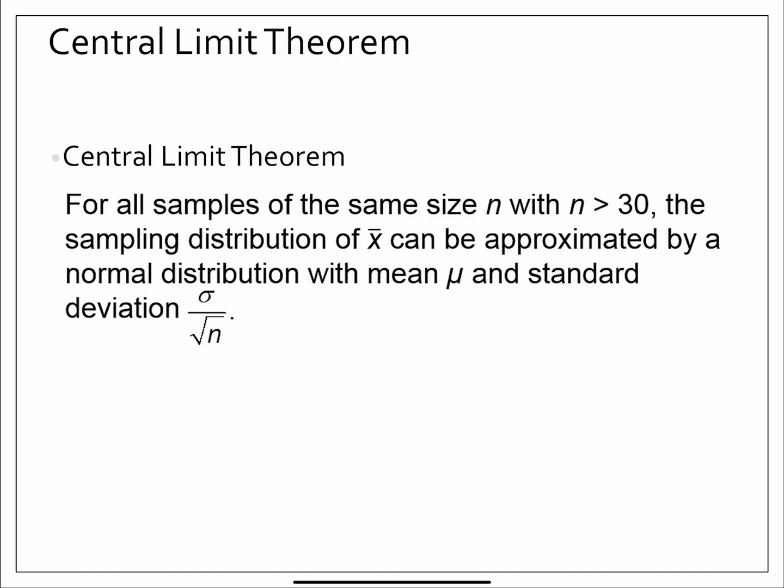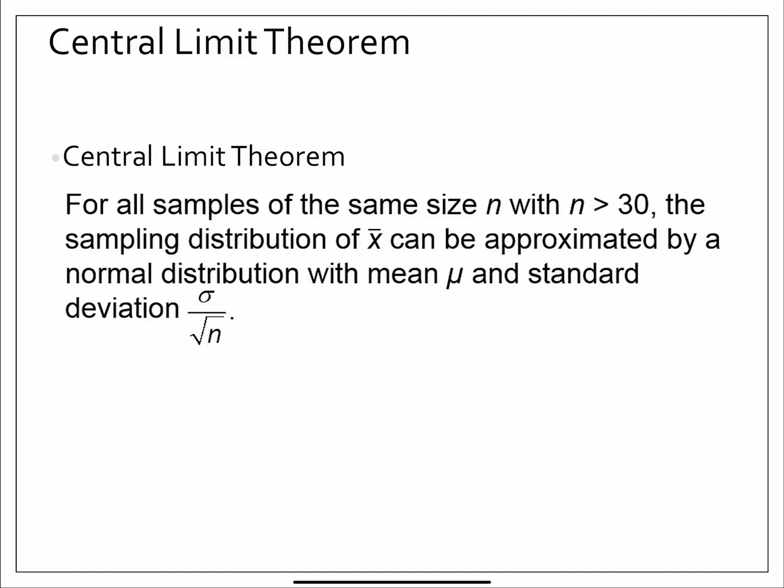The central limit theorem is important because it lets us work with sampling distributions. It gives us a way to go from the sampling distribution to our population values. So I'm going to read it out first.